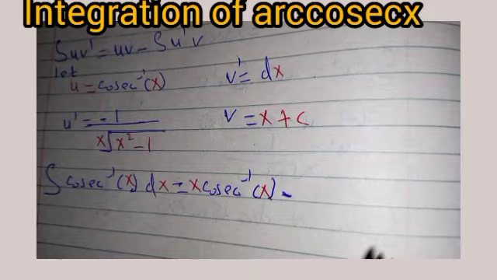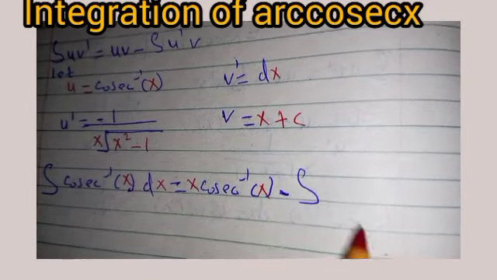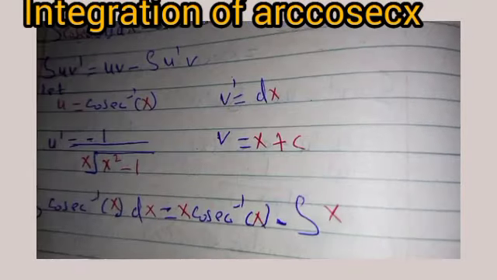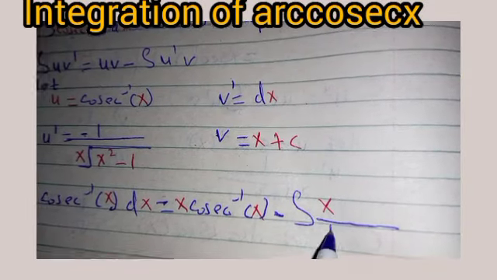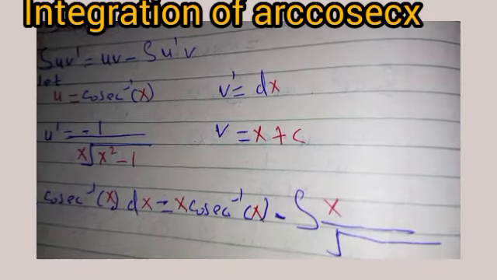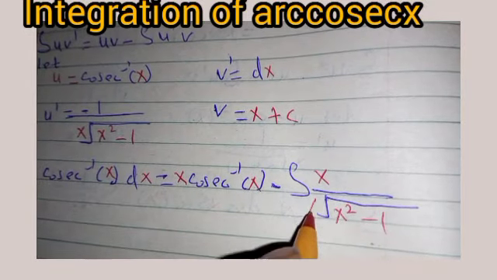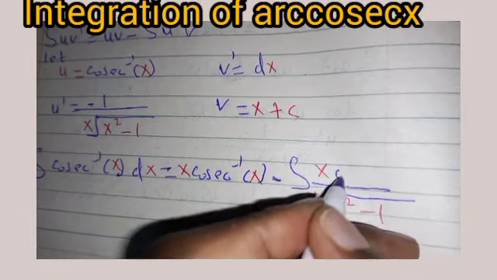Minus the integral of our v, v is x, divided by the square root of x squared minus 1 multiplied by x, everything here dx.